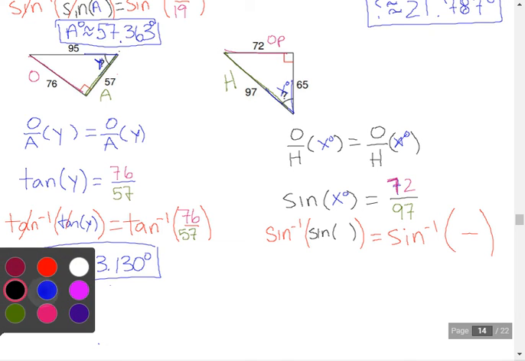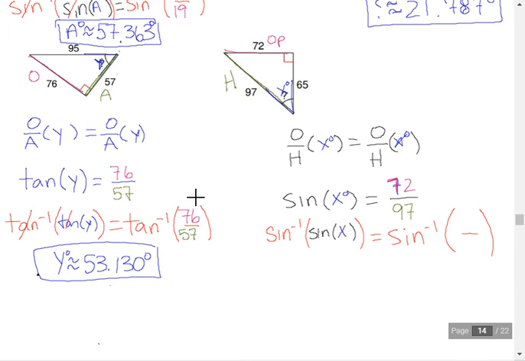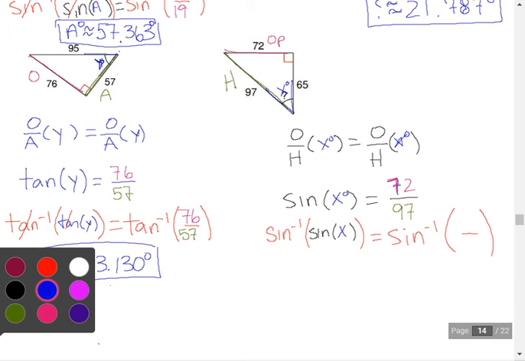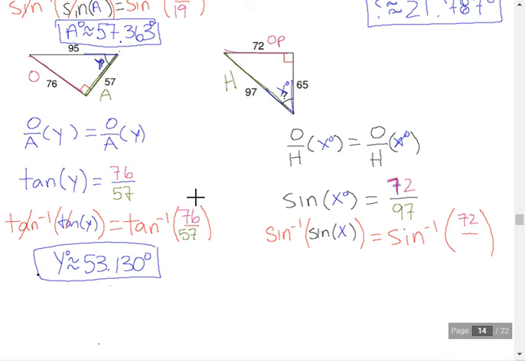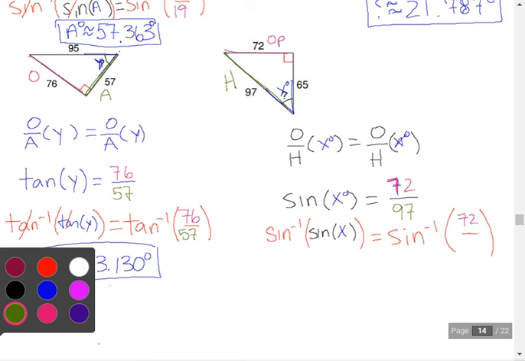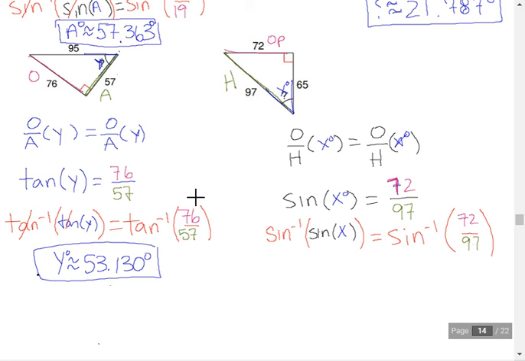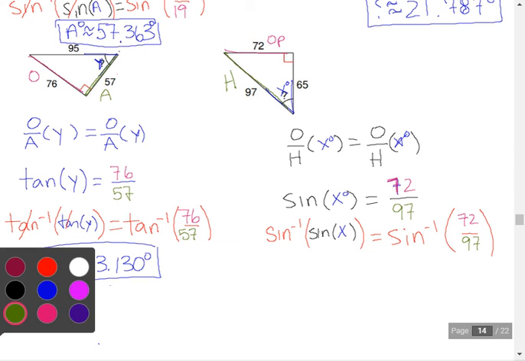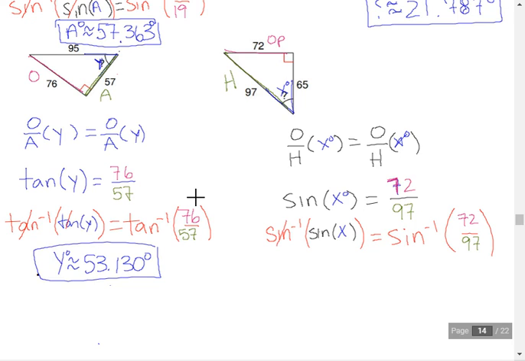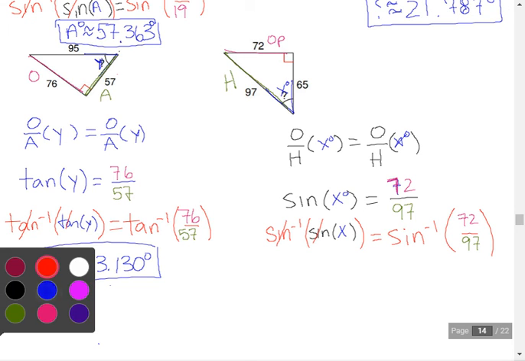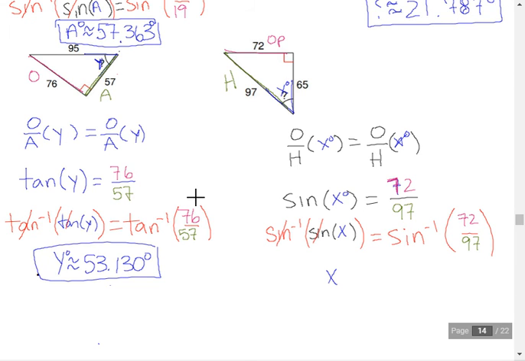I must also apply it to the ratio, opposite over hypotenuse, or in this case 72 over 97. Okay, so a function and its inverse will always cancel, undo each other. Okay, so X degrees, 72 divided by 97 is a decimal first, and then inverse sine gives an angle of 47.925 degrees.